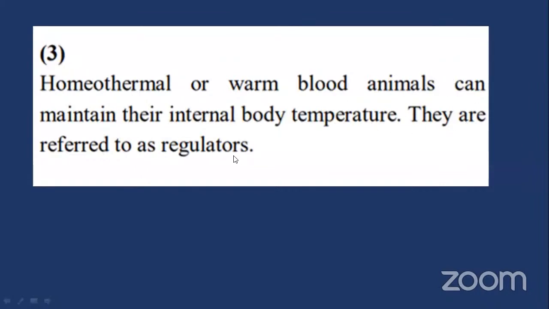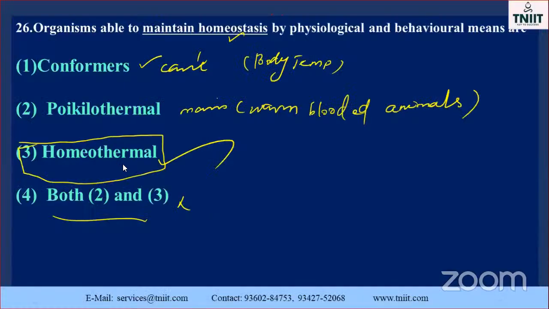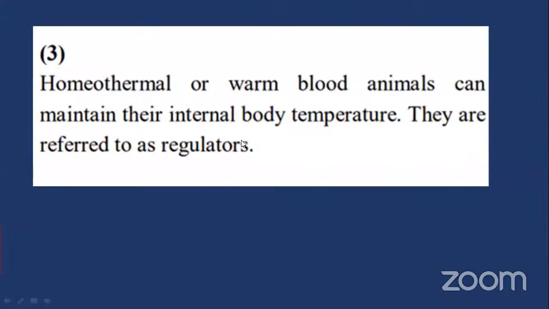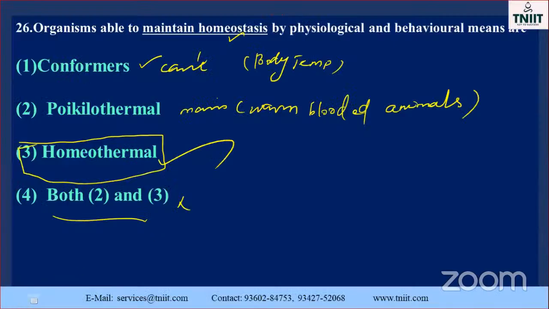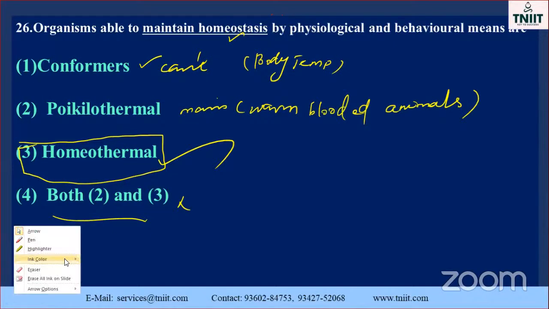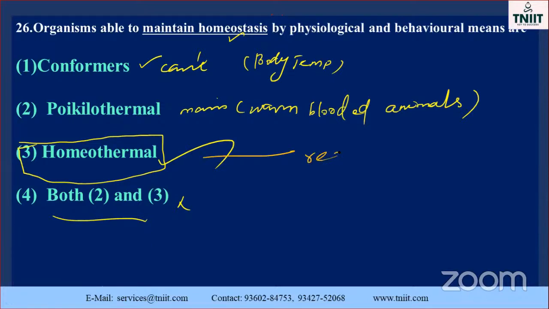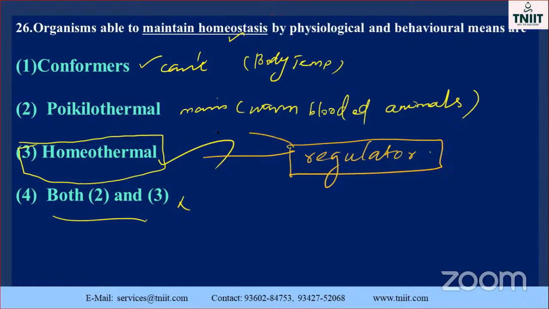They are referred to as regulators. Just note it down, this is very, very important. Homeothermal is also called regulator. So the answer is C, the correct one.